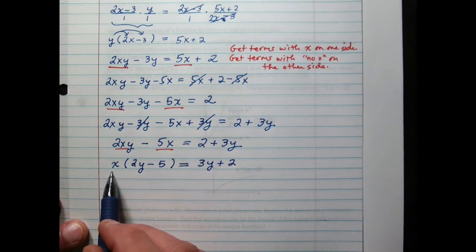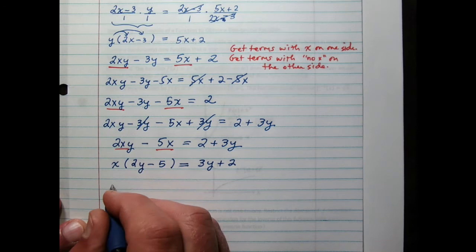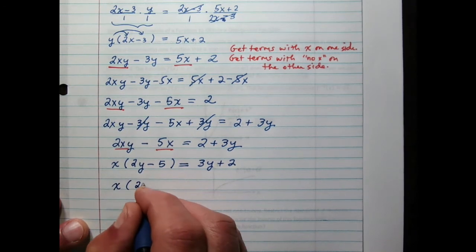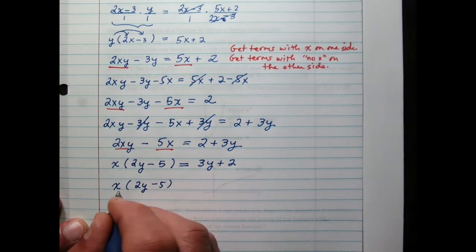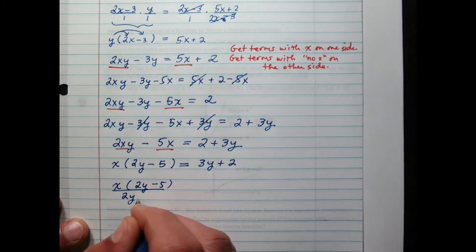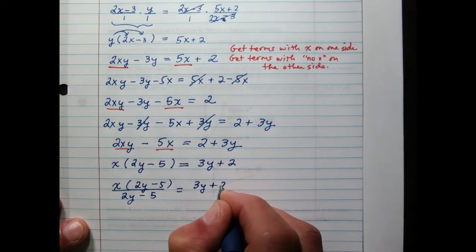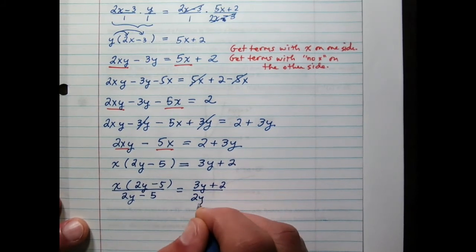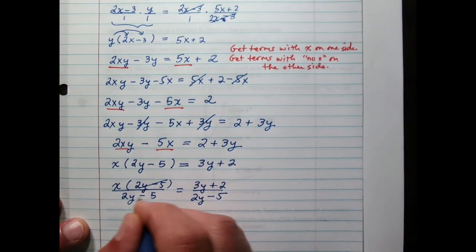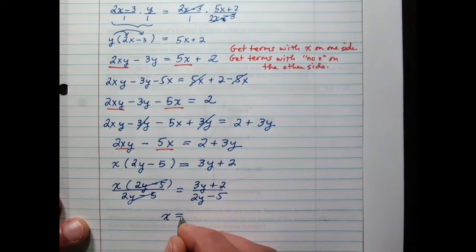Solving for x now, I'm almost there. To isolate the x, I just need to divide both sides by what's in parentheses, the 2y minus 5. That's algebra. And so now I have x equals 3y plus 2 over 2y minus 5.